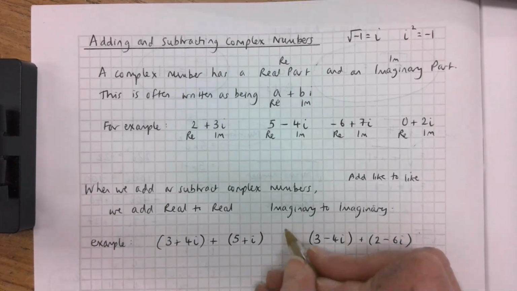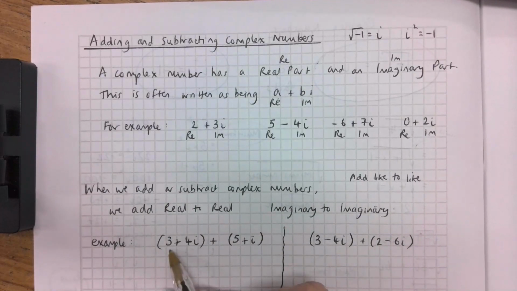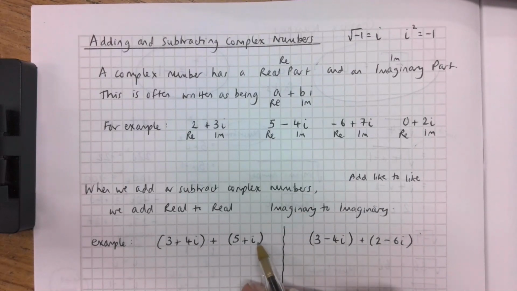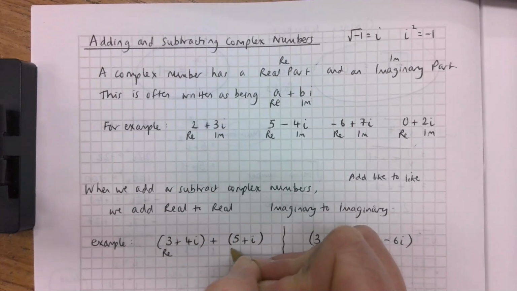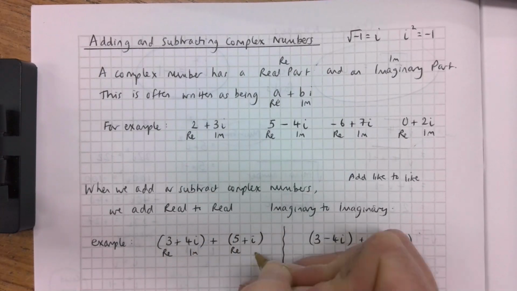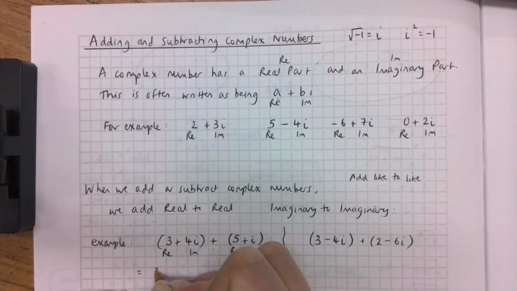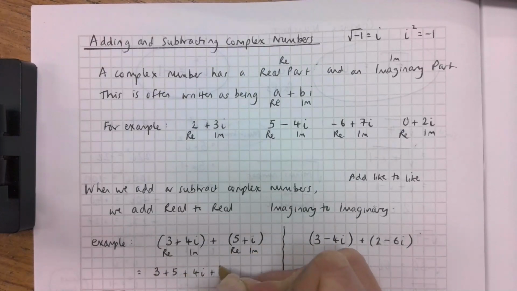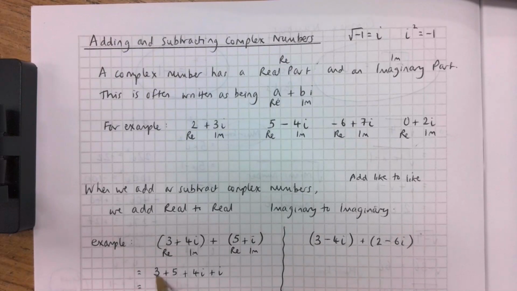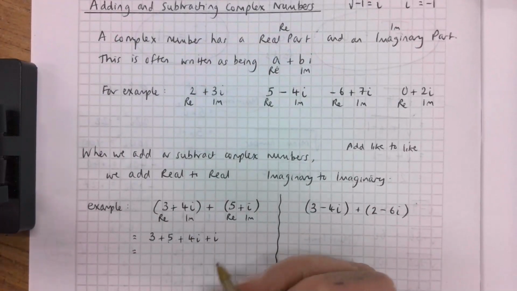So for example, say we had 3 + 4i plus 5 + i, we could add the real to the real and the imaginary to the imaginary. So what that turns out to be is 3 + 5 + 4i + i. Real to real, imaginary to imaginary. Now when I add 3 + 5, I just get 8.